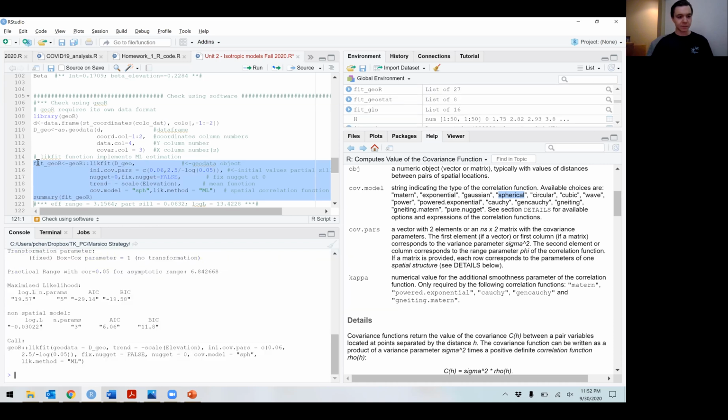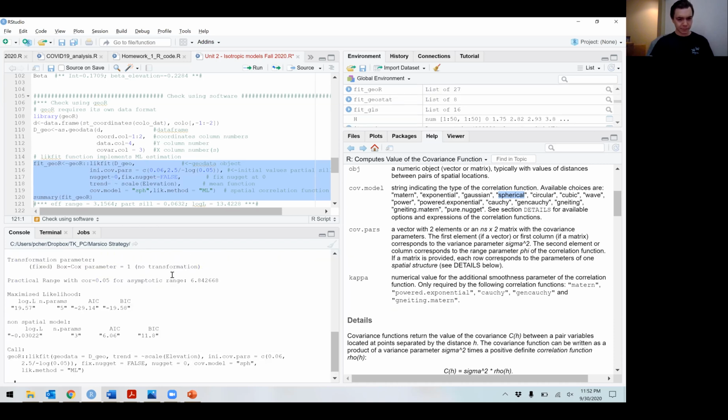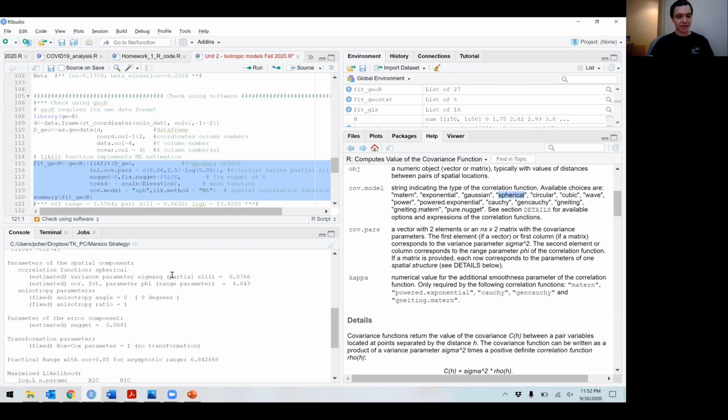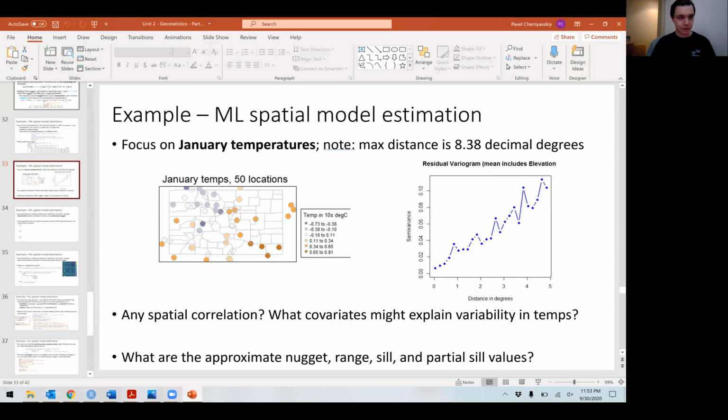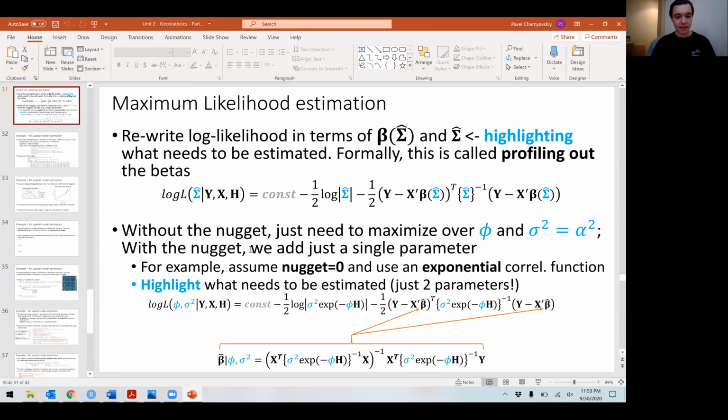Alrighty, here is my estimation. All right, let's take a look at how things changed. Our coefficients do change a little bit, and that is because of our GLS equations. Our choice of the spatial correlation function has affected the outcome of these GLS equations.